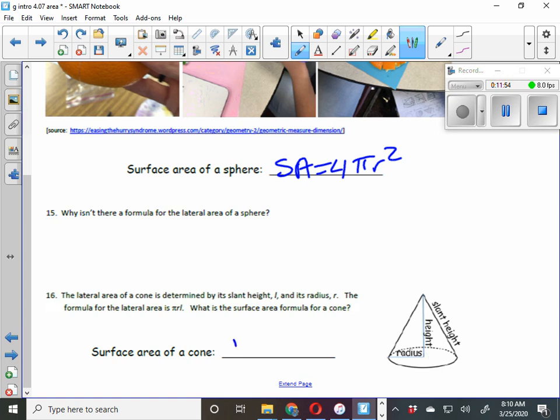Surface area equals area of the base plus pi r L. Okay, so keep in mind the area of the base obviously is pi r squared. You're going to have to substitute that in for capital B. Surface area, you guys, lots of formulas, just plug in numbers.